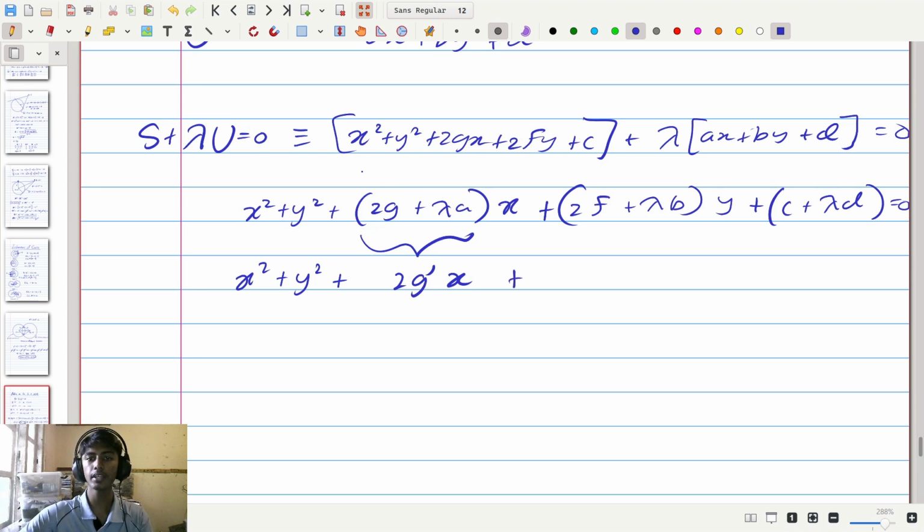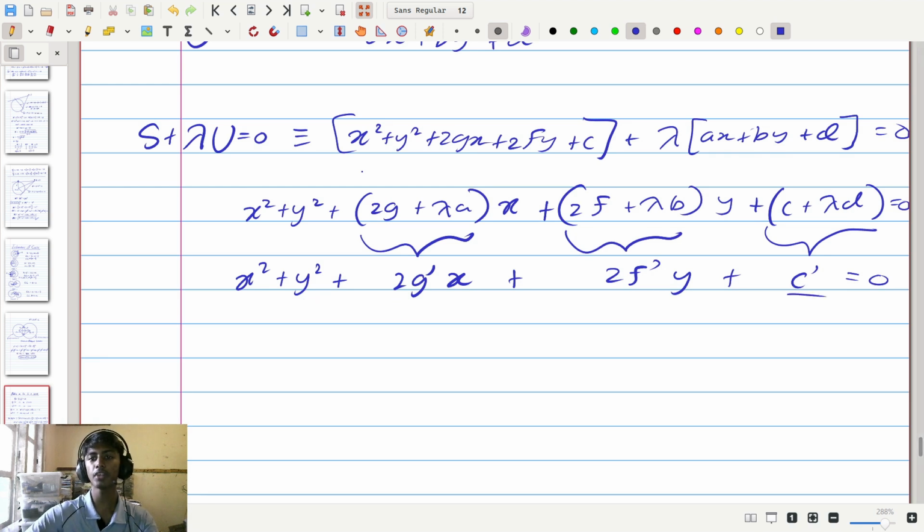And similarly, if we take this 2f plus lambda b and replace it with 2f prime y, and then similarly if we replace c plus lambda d with c prime equals 0, we can see that S plus lambda u equals 0 is representing x squared plus y squared plus 2g prime x plus 2f prime y plus c prime equals 0, where g prime, f prime and c prime are some new constants.